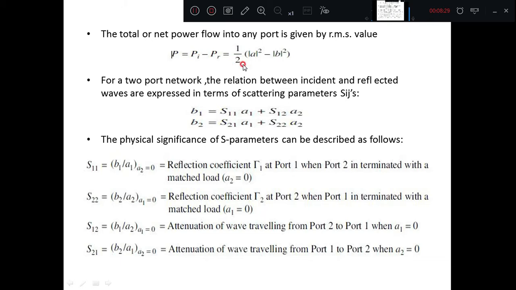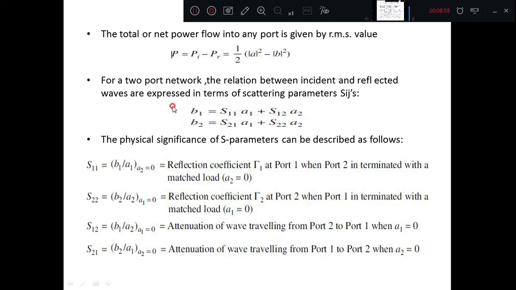It is 1 by 2 A square, and Pr is 1 by 2 B square, right? So if I take 1 by 2 common, it is 1 by 2 into magnitude of A square minus magnitude of B square. And why have I taken magnitude? Because these A and B may be complex values, complex numbers also. So it is better to always consider their magnitude.